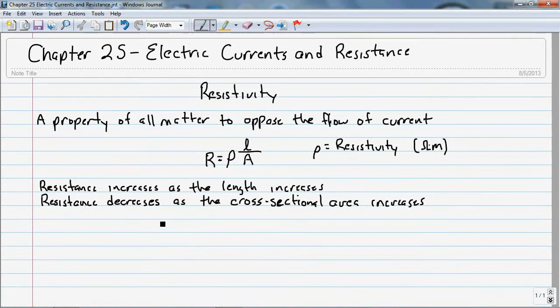Now it turns out that resistivity is also dependent upon temperature.